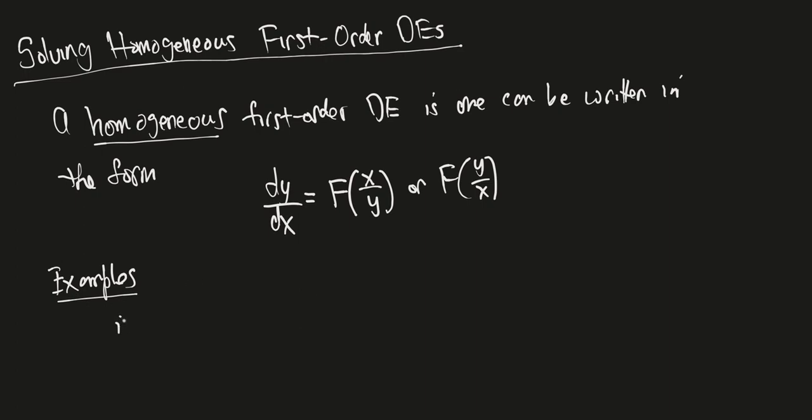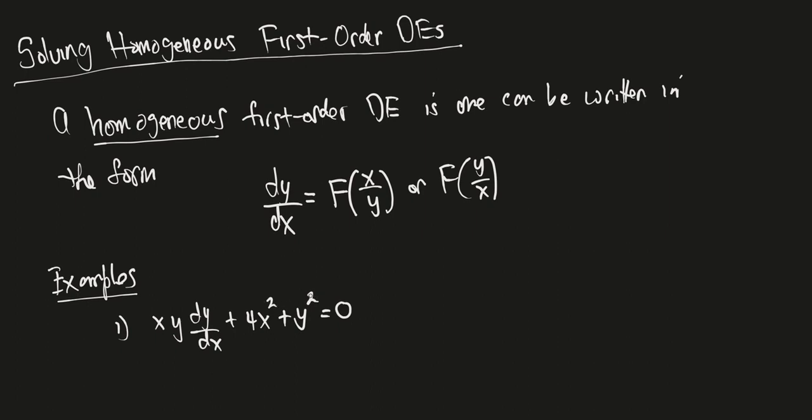So let's look at this first one. Let's say we have x times y times dy dx, and then plus 4x squared plus y squared is equal to 0, right? Just a little look, we can see right away that this differential equation isn't linear, right? And what makes it not linear, there are two things.